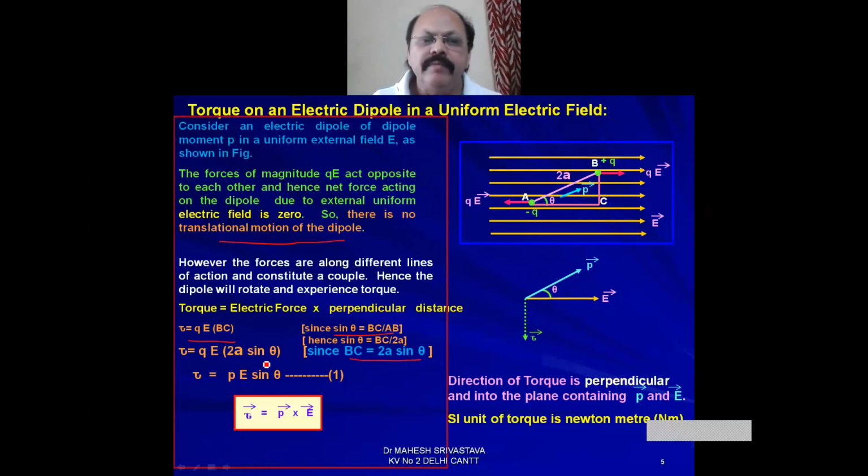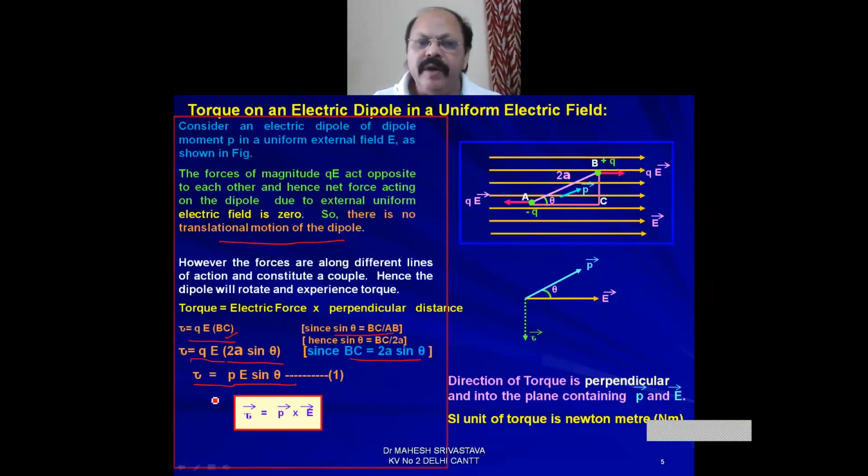Substitute this value here in place of BC, then the expression becomes tau equals qE 2a sine theta. Then q into 2a is the electric dipole moment. So the final expression becomes tau equals PE sine theta.